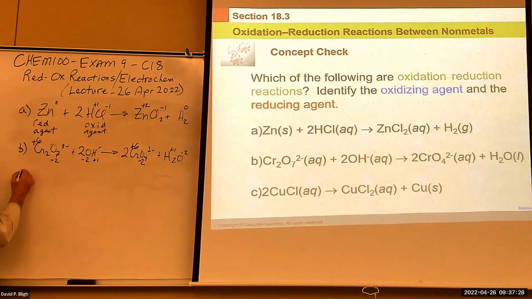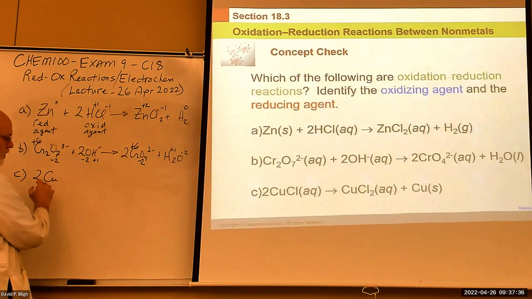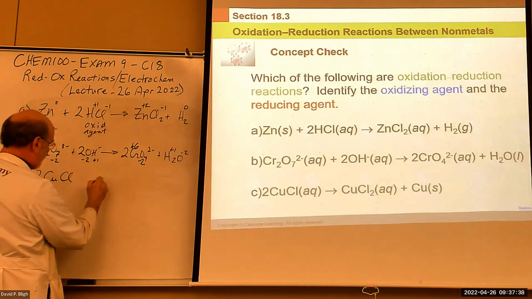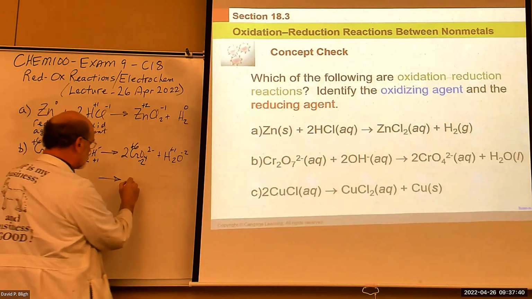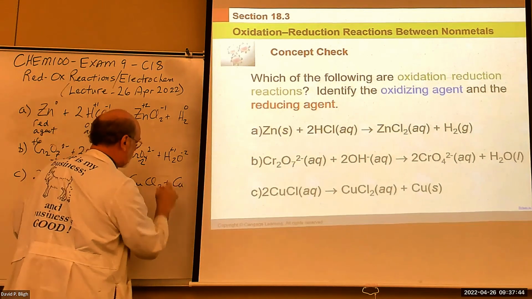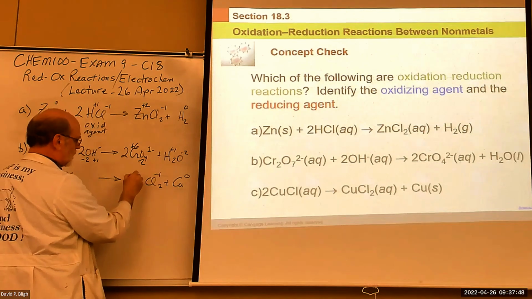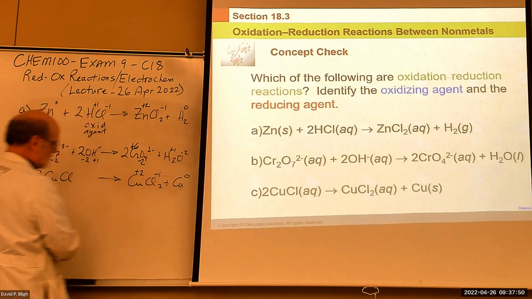And then the last one. We know this one's a redox. We just need to deduce what are the oxidation states. So this one yields that one plus that one. That's a 0. We're going to give chlorine a -1. That makes this one a +2.